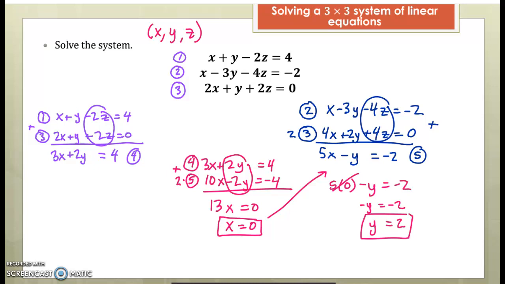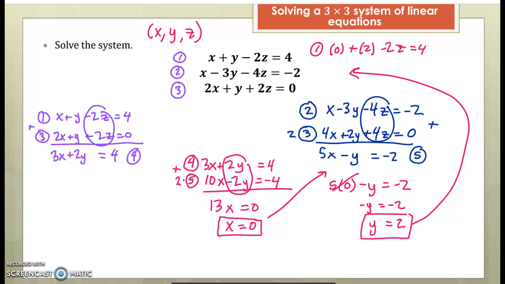So now I have a solution for x and I have a solution for y. What do I do? I plug both of those, x and y, back into one of these equations. Let's go ahead and plug it into equation 1. So x is 0, and then I'm going to add y, which is 2, minus 2 times z, which is 4. So I'm going to get 2 minus 2z equals 4.